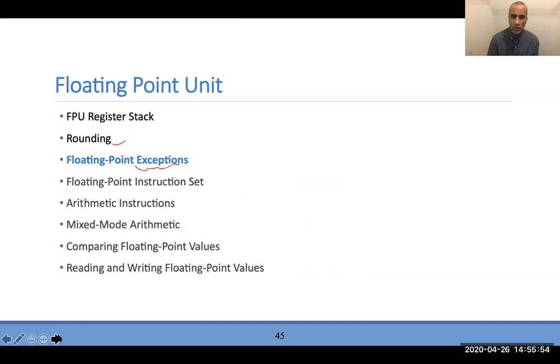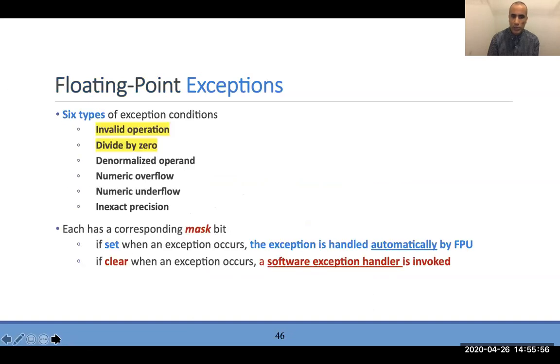And the exception, what if something wrong happened? Okay, so these are the exceptions that are going to be captured by the CPU automatically. Okay, so like invalid operation or divide by 0. Okay, and if any of those things happens, there is a mask bit.